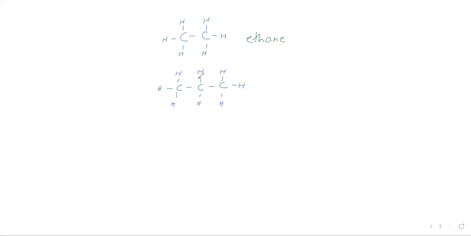Now, this is C3, H is 2 by 3 plus 2, which is 2 times 3 is 6, plus 2 is 8. That's the formula for propane. This one is called propane.